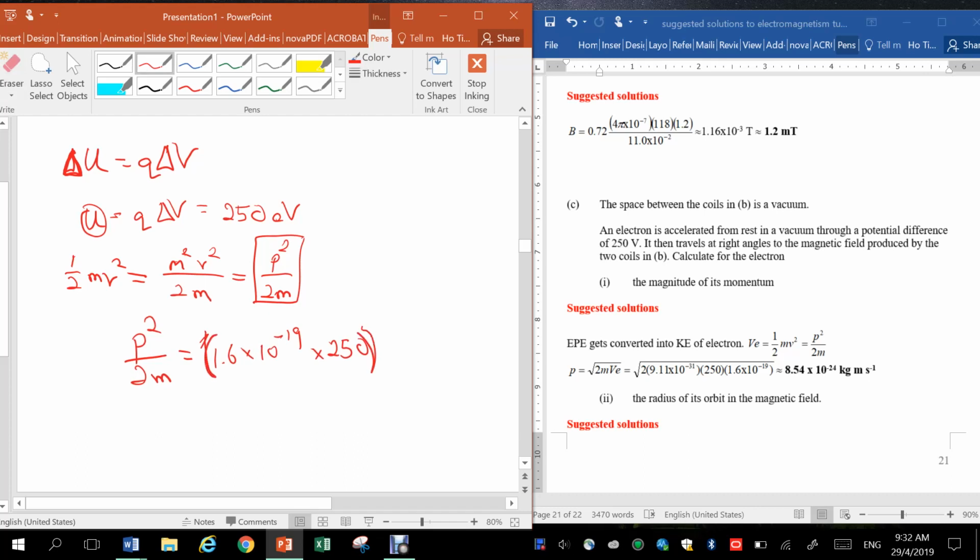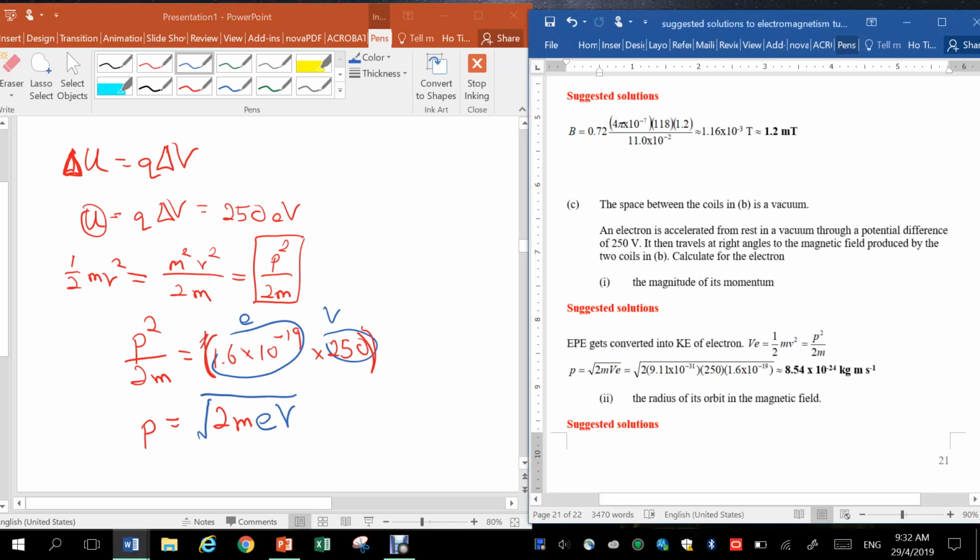So all we have to do is rearrange. So p equals the square root of 2m. The charge of the electron is given by e, and this is just V, which is why you have in the equation e and V holding square rooted, as shown here.